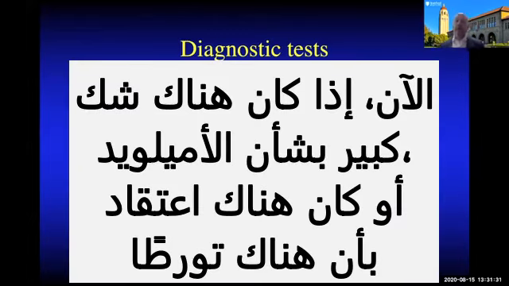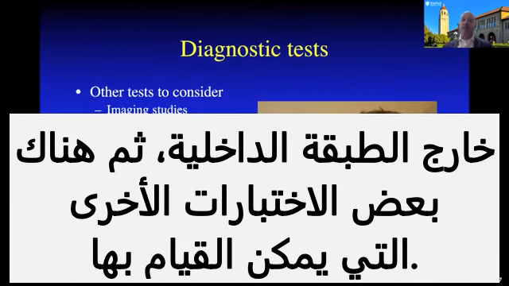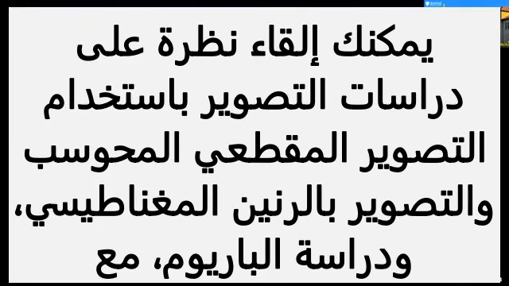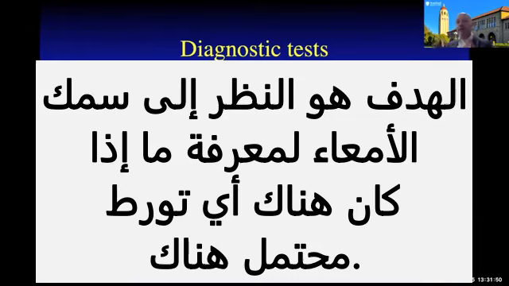Now, if there's a high suspicion with amyloid, or there's thought that there's involvement outside of the most inner layer, then there are some other tests that can be done. You could look at imaging studies with a CAT scan and MRI, a barium study, with the goal of looking at gut thickness to see if there's any possible involvement there.